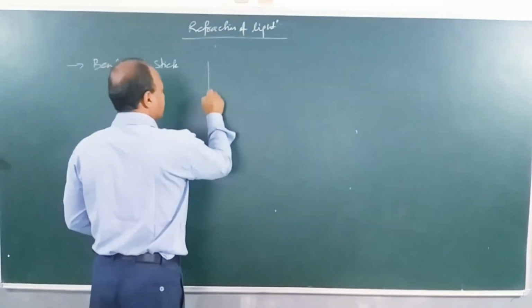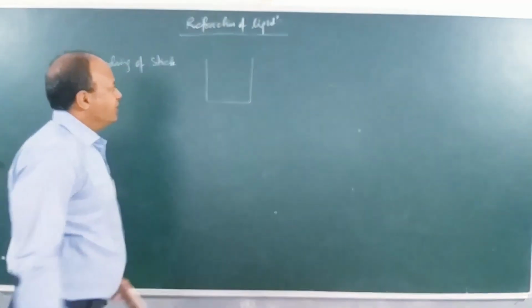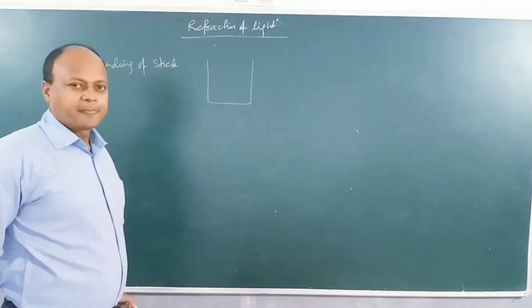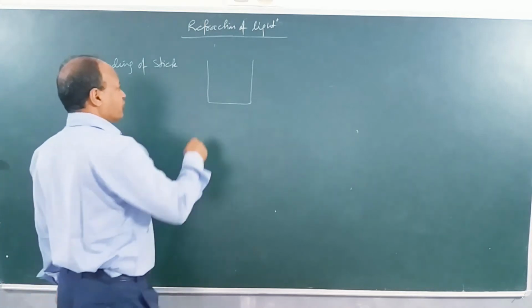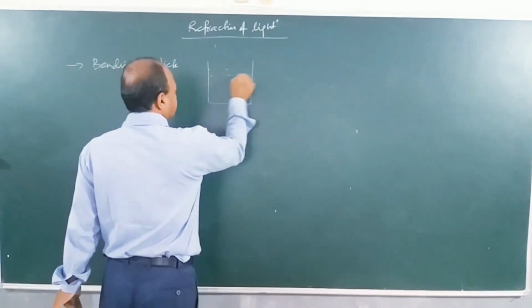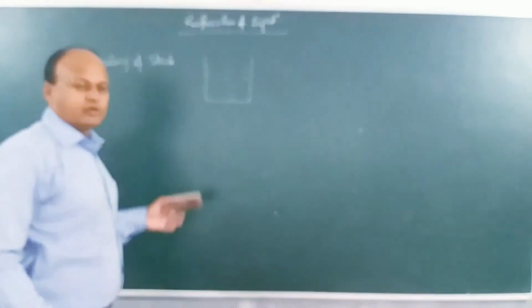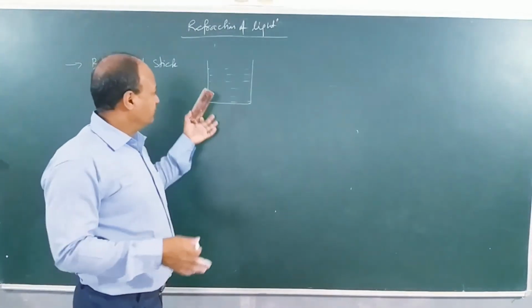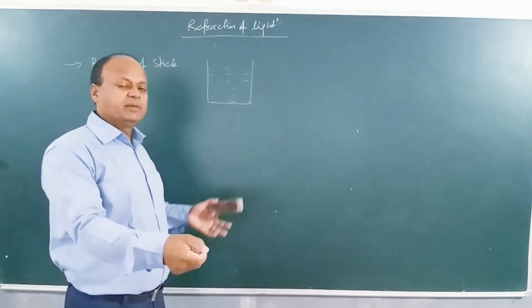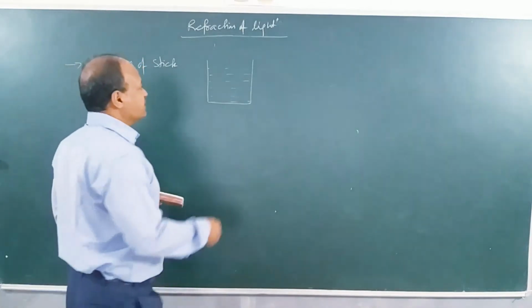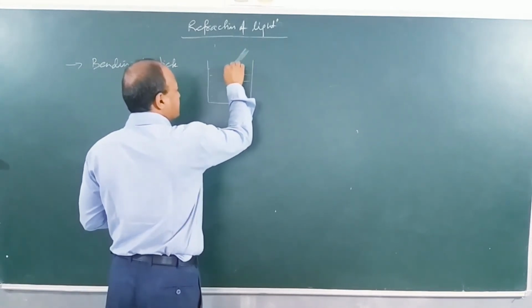You take a glass container, a tumbler for example, and fill it with water. If you don't have a tumbler at home, you can simply go to a place where there is water and you can take a stick. Put a stick inside water like this.